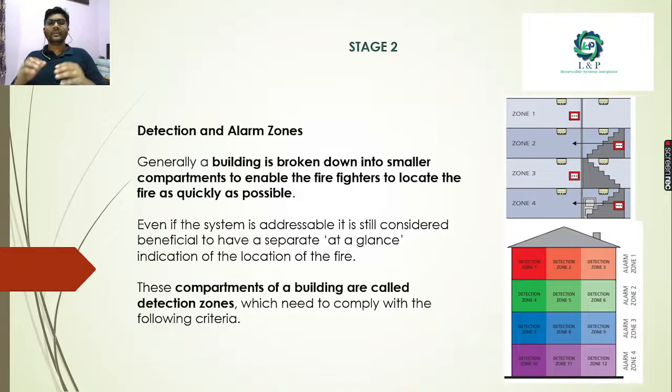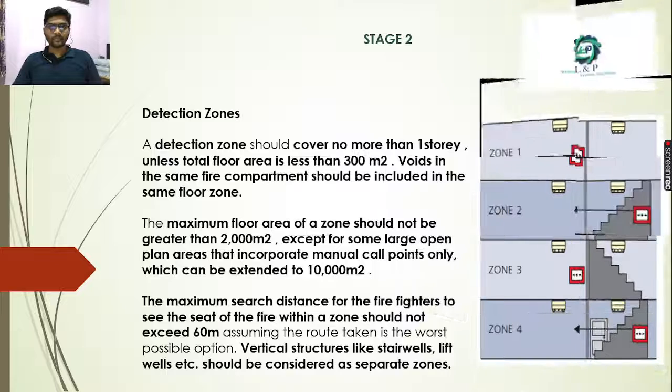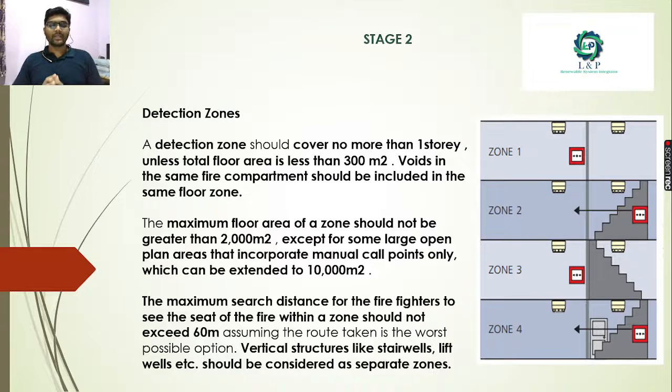Simple. We are going to break down the buildings into smaller compartments, so it will be easy for the firefighters to locate the fire as quickly as possible. For example, if it is a four storey building, we can consider each storey as one compartment, so that we can make that compartment into a detection zone.